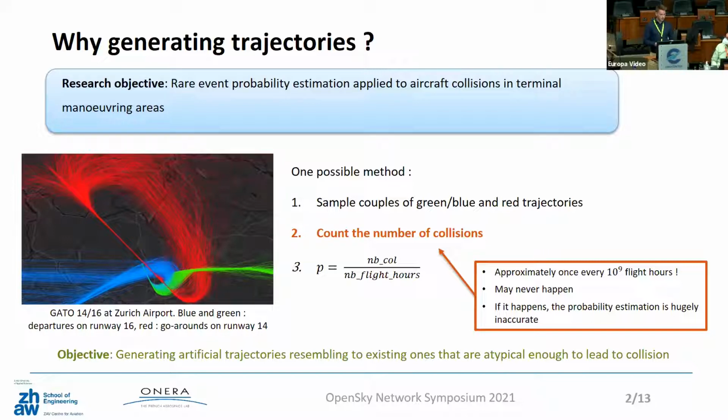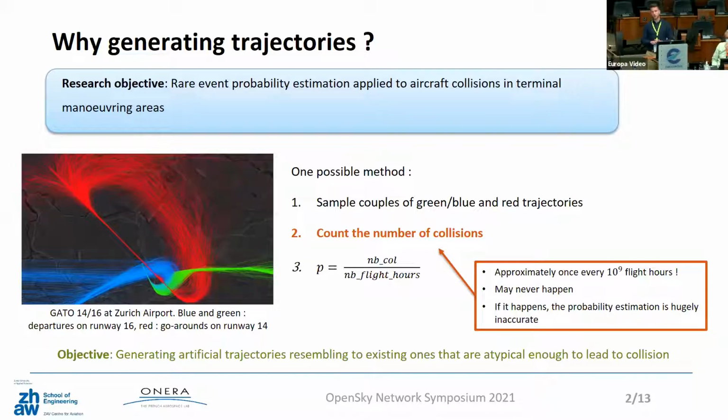It states that the go-around trajectory for the runway 14, in red here on the graph, is intersecting the departure procedure for the runway 16. So it decreases a lot the capacity of the airport, and being able to predict the collision in those cases could be really, really useful for the airport management.